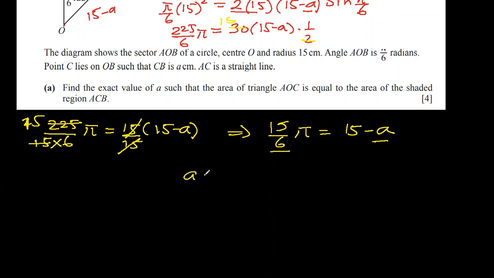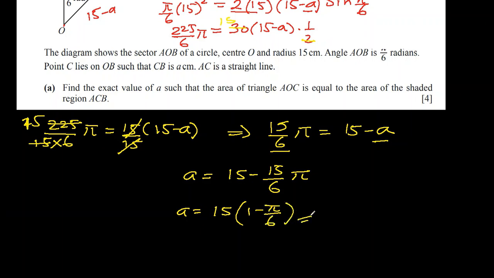So A is equal to 15 minus 15 over 6 pi. We can take 15 common. So A equal to 15 times 1 minus pi over 6. That is the final answer.